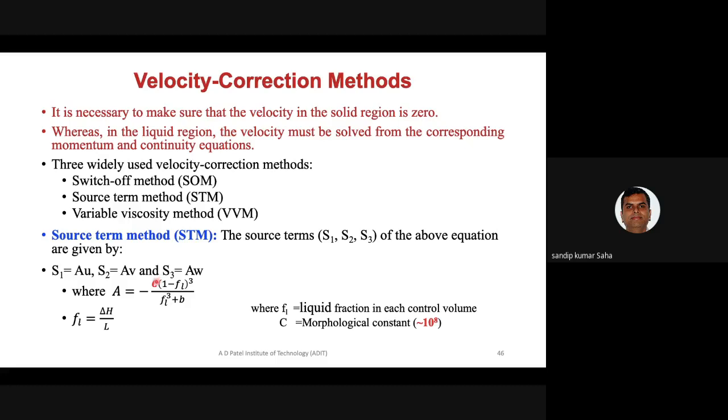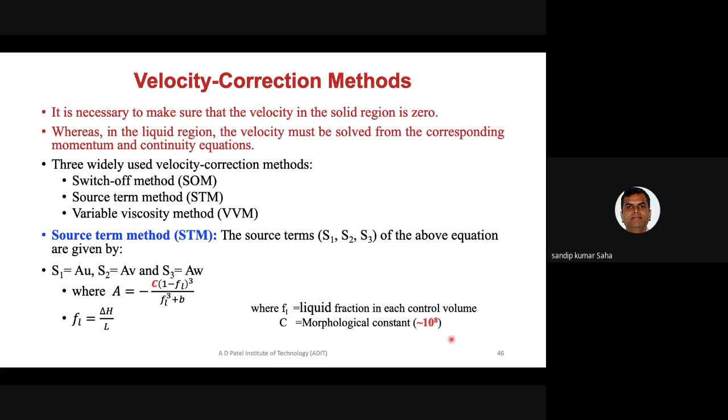If anybody has used Fluent for solving solid to liquid problems, they will see that this value needs to be given. So this is that value. Fluent by default gives 10 to the power 5, whereas normally we give 1.6 into 10 to the power 5 or 6.